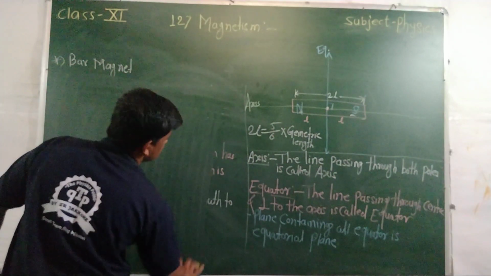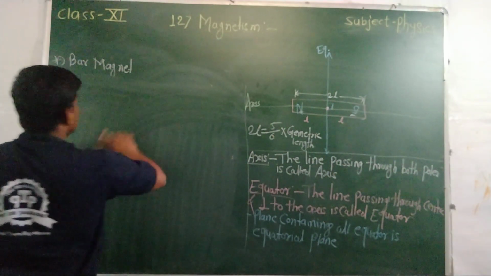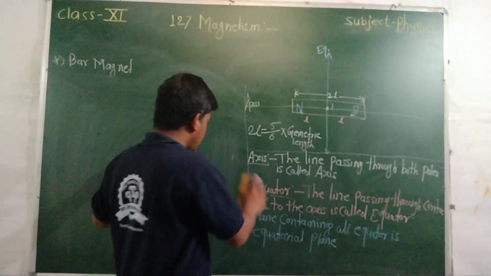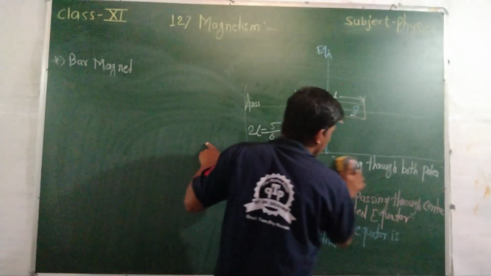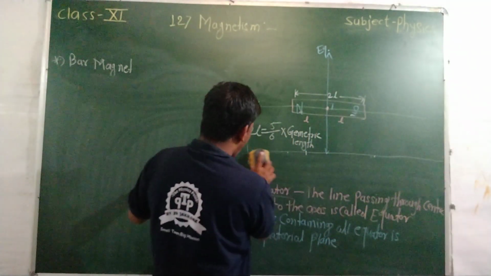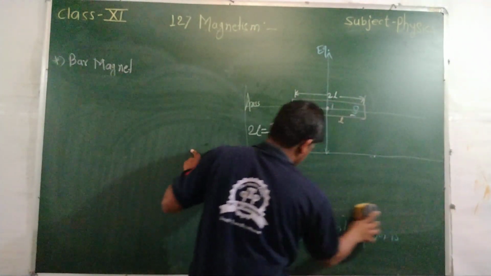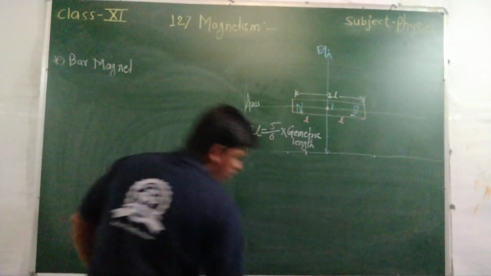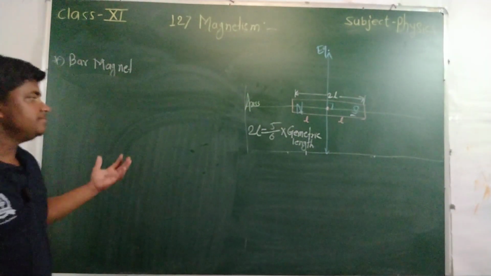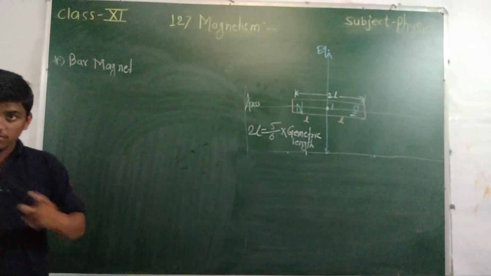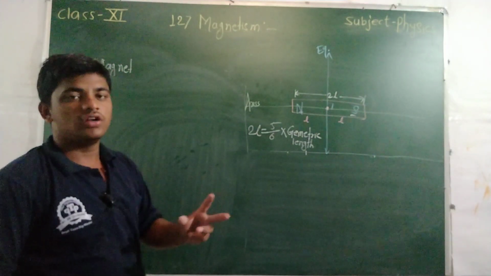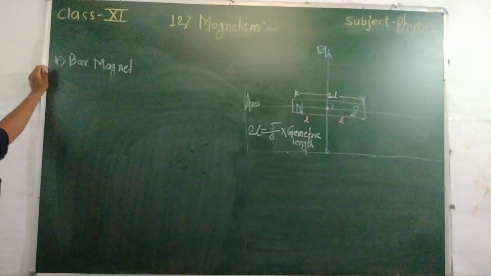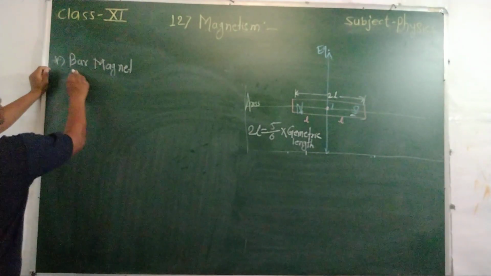When we discuss the comparison between electrostatics and magnetism, at the same time we complete the study of two different topics. And when we discuss optics as well as sound, we discuss two different topics at the same time. Then let's start.